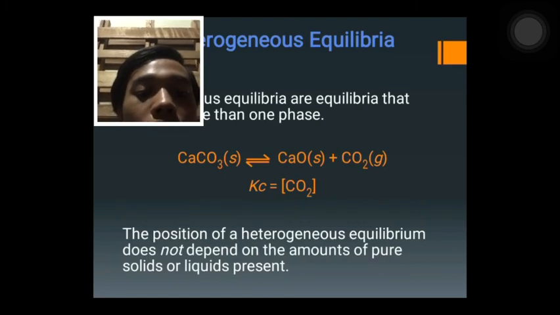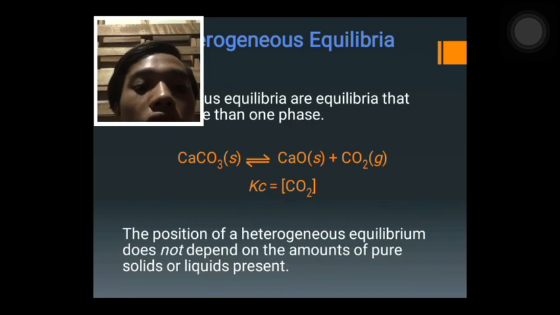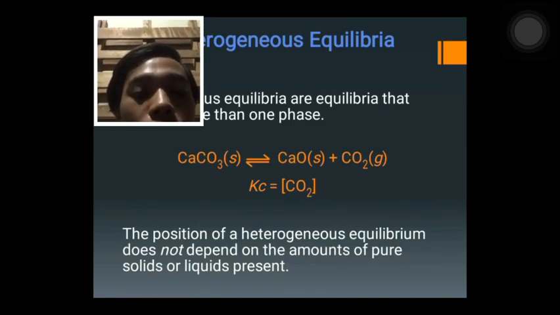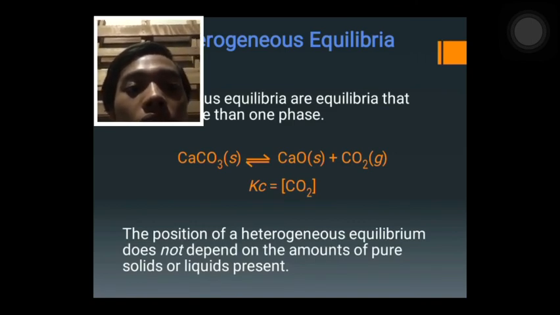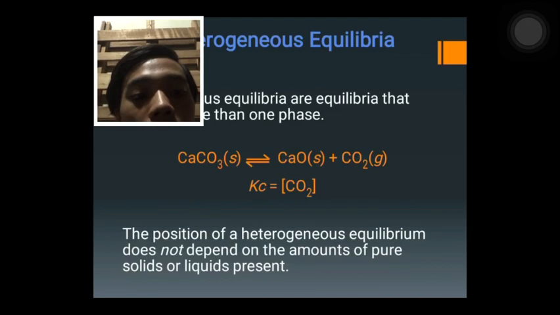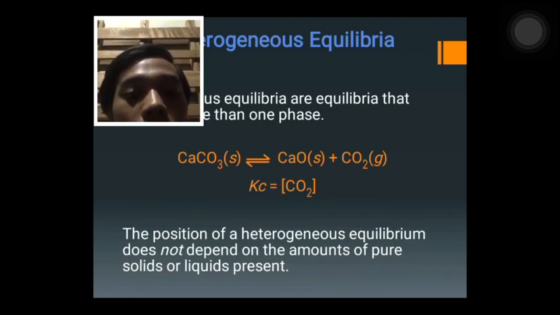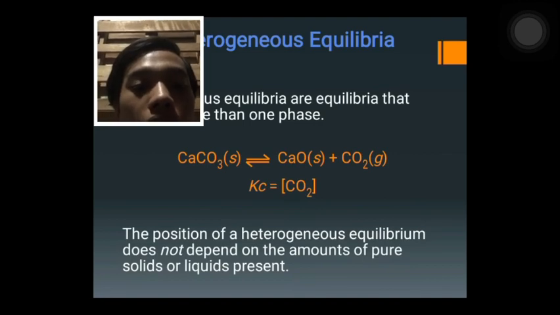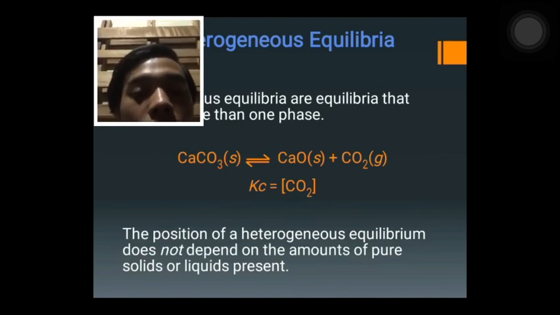The position of heterogeneous equilibrium does not depend on the amount of pure solid or liquid present. So the Kc for this heterogeneous equilibrium is CO2 only, because Kc involves only gases or aqueous substances.